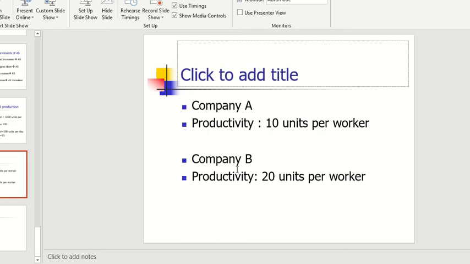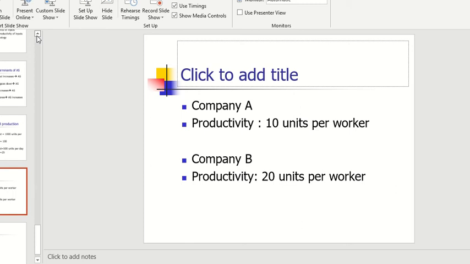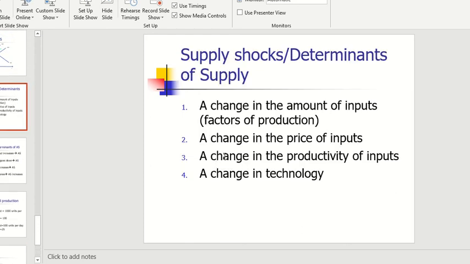In Company B, each worker can produce 20 units. So Company B is much more productive than Company A, twice as much. The productivity in Company B is higher. So productivity, in other words, is more like a measure of efficiency, how good the inputs are.